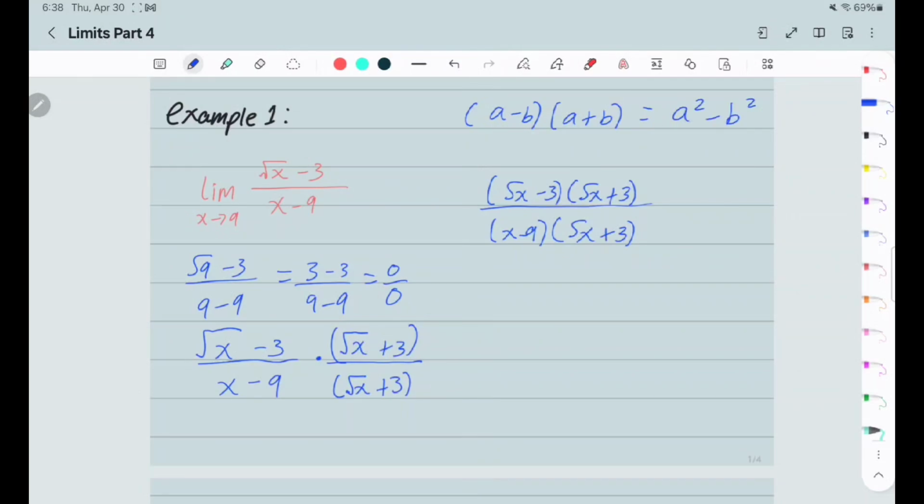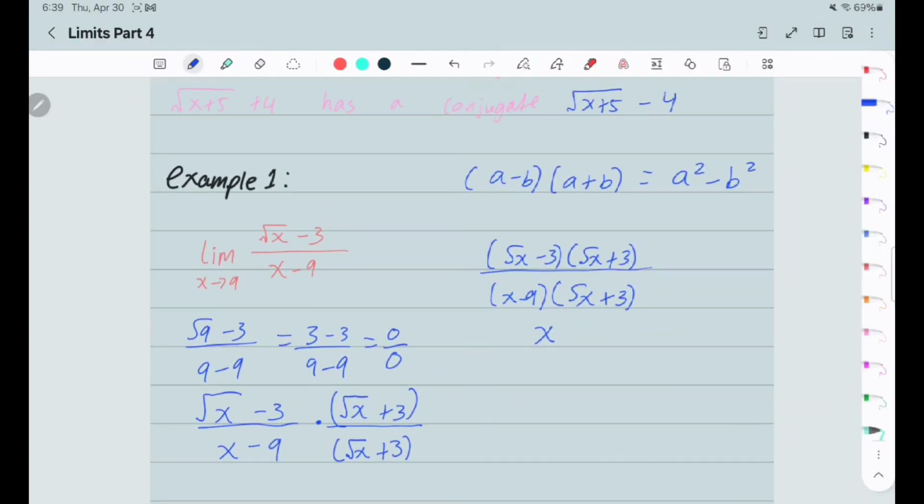So the numerator is going to be root x squared, which is x, minus 3 squared, which is 9. So it's simply x minus 9 on top, and in the bottom it's x minus 9 multiplied by root x plus 3.